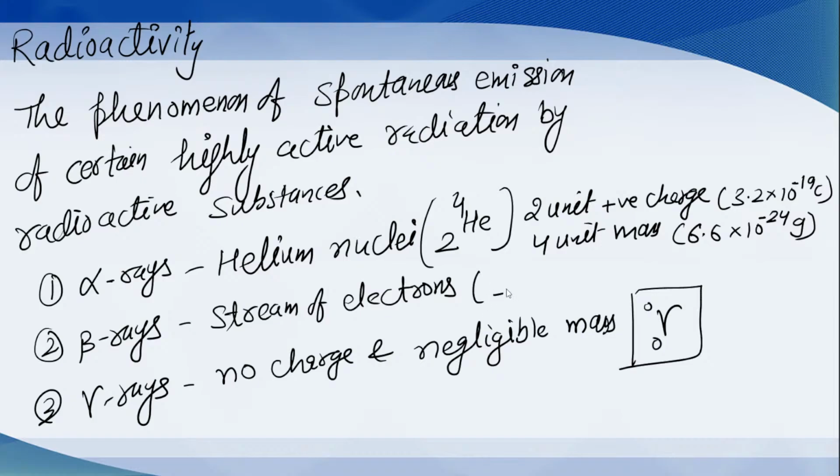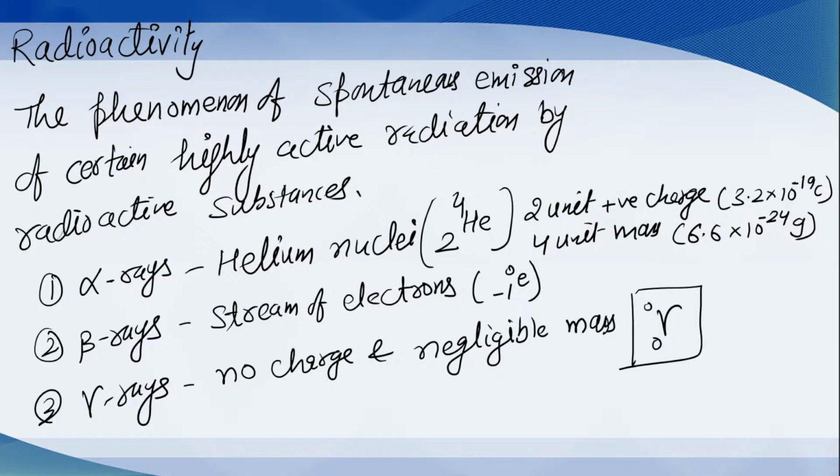Beta rays are represented by -1 e 0, alpha rays by 2 He4, and the last one is gamma rays. We call them quantum, not photon. Gamma rays are electromagnetic radiation, because in case of light we use the word photon.